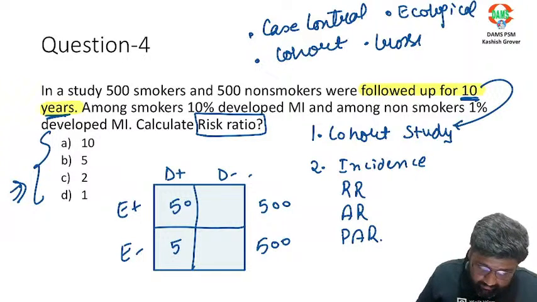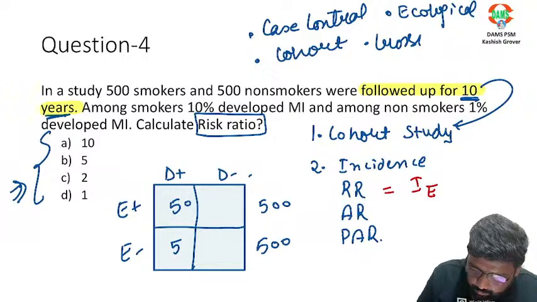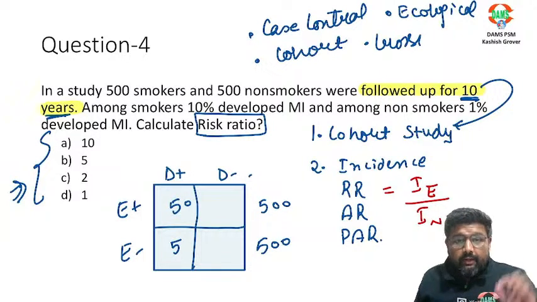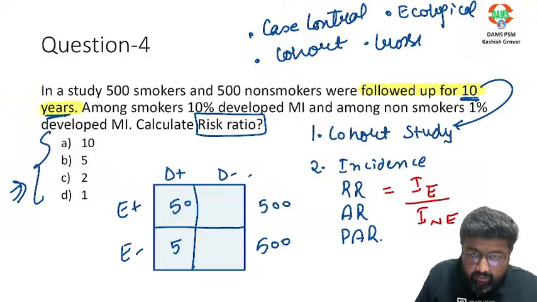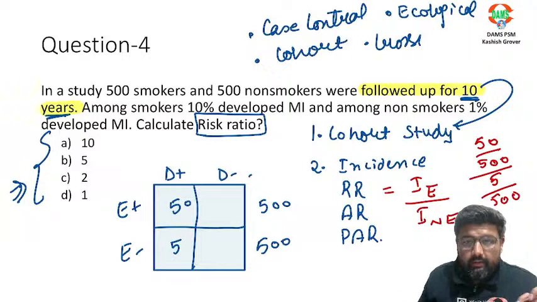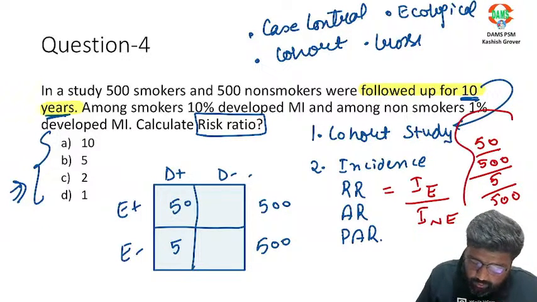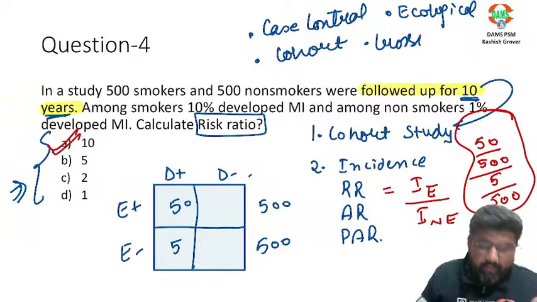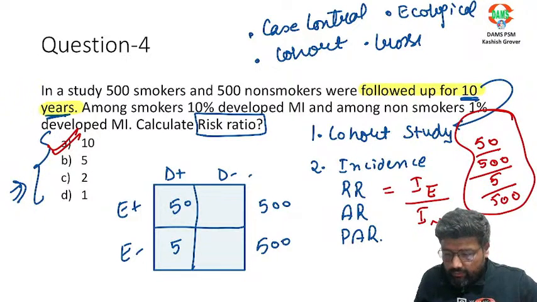So what is relative risk? Yes guys, what is relative risk? Relative risk is incidence among exposed divided by incidence among non-exposed. 50 divided by 500 divided by 5 divided by 500, right? So after solving this, you will get 10. Correct answer is 10. Super beta, very good.